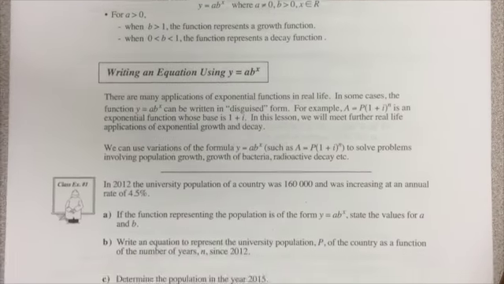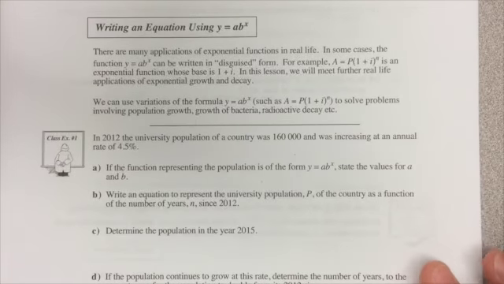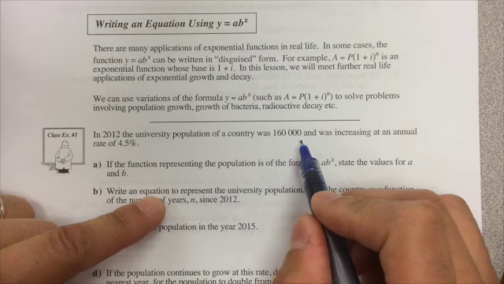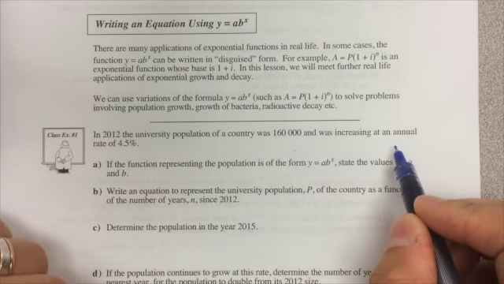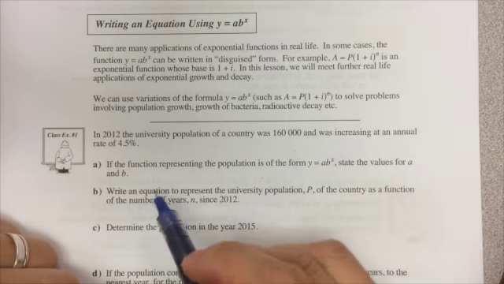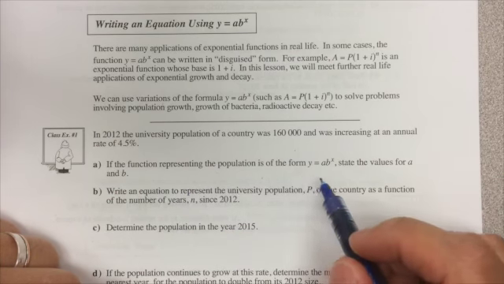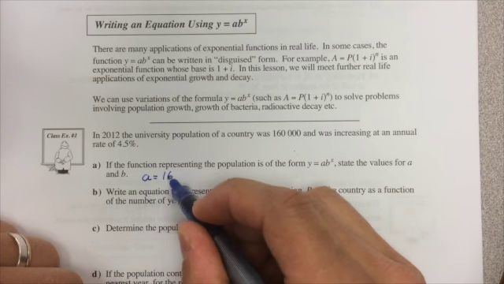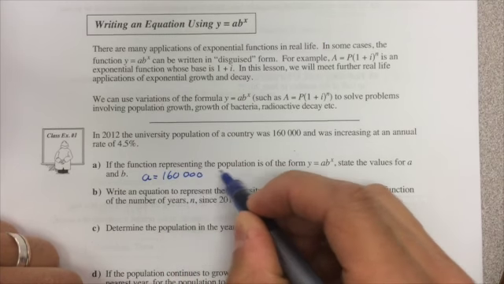So let's look at this first example again. In 2012, the university population of the country was 160,000 and was increasing at an annual rate of 4.5%. First question is we want to know what the values for A and B are. Well, A is going to be our initial population, and that is 160,000.